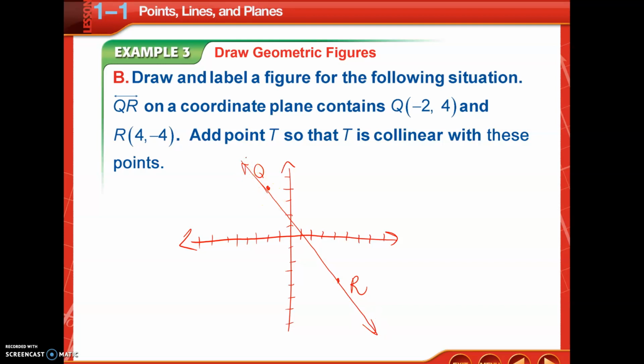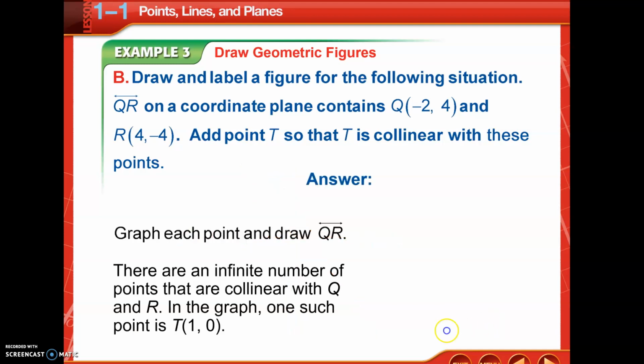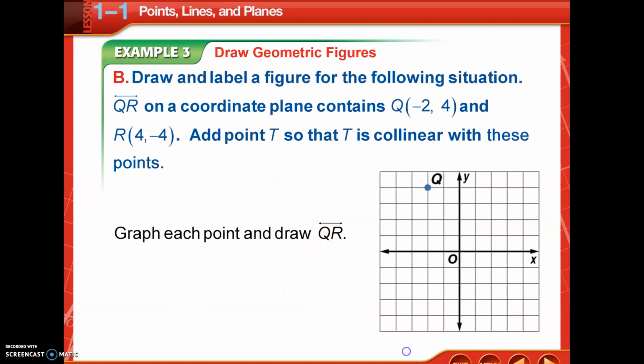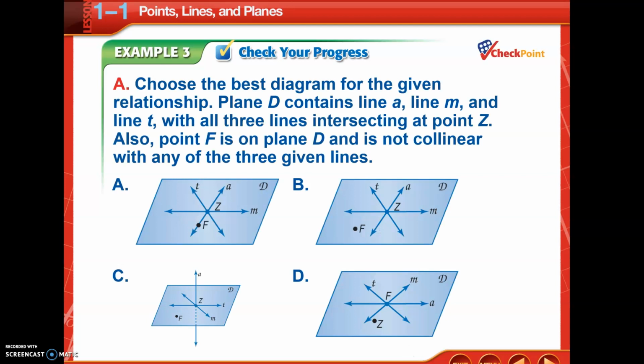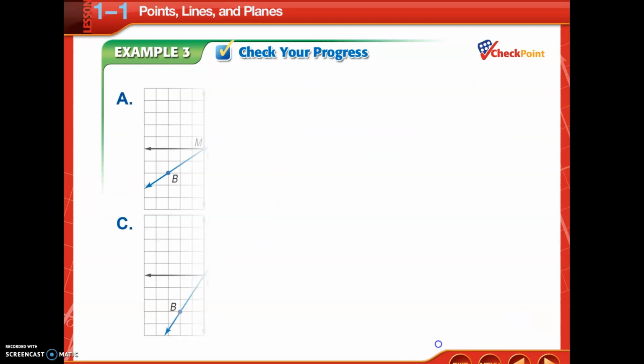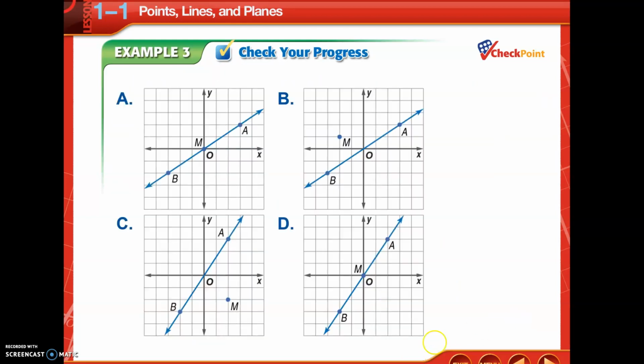And then we want to add T so it is collinear with these points, so we could put T anywhere on that line as long as it's collinear, so with the same line. So try this one, and then again, if you have questions, let me know. And this one too.